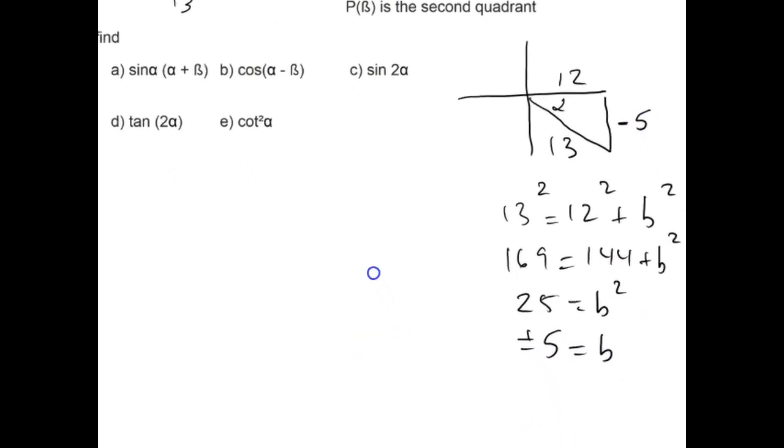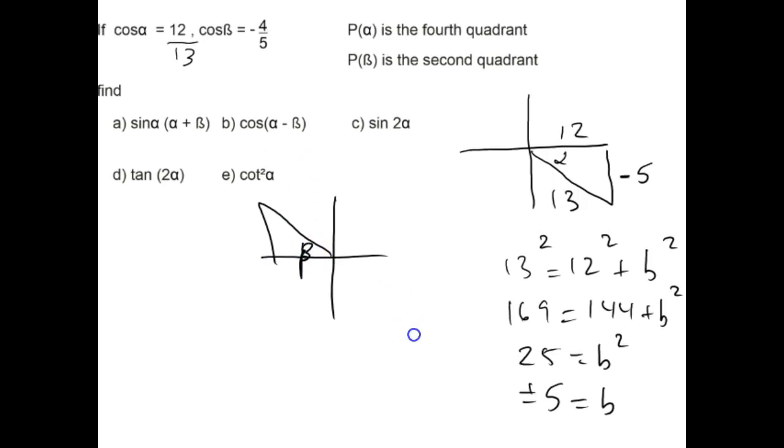The next thing we're going to look for is where beta is. Beta is found in the 2nd quadrant. Oops, make beta a little better. Here we go. And it says cosine beta is -4 over 5. So it's -4 adjacent over hypotenuse.